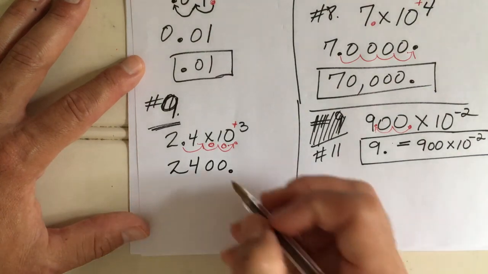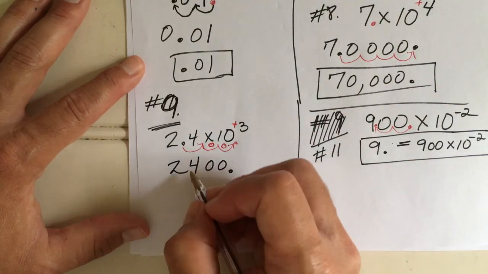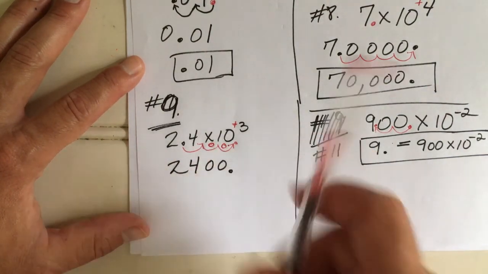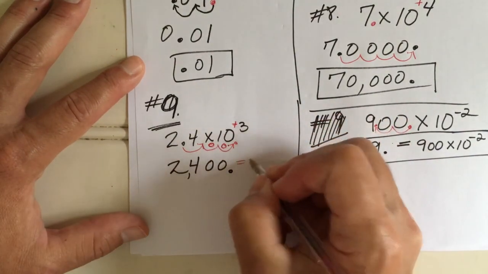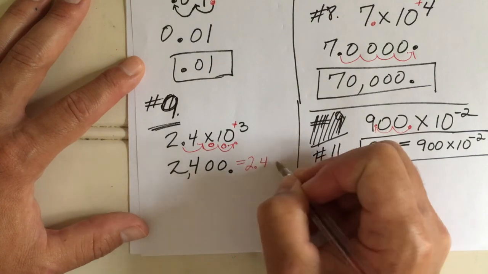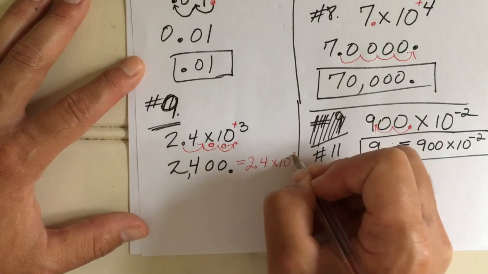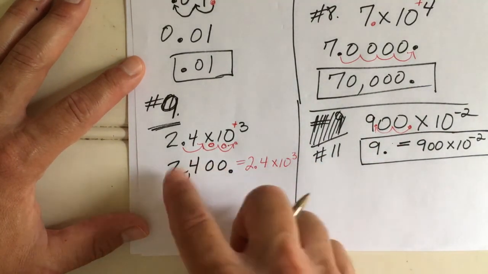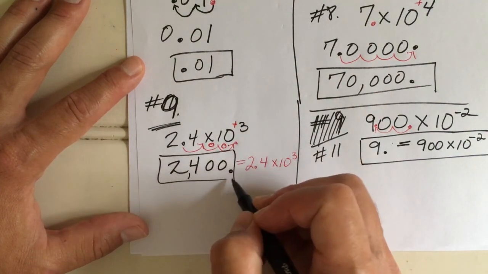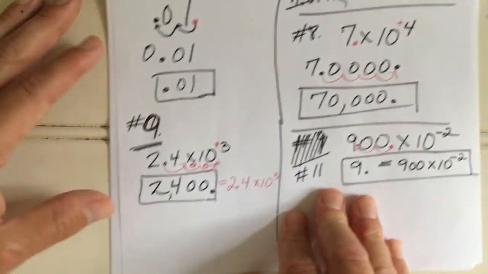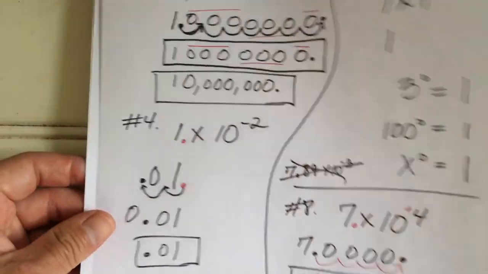And so what we're saying is 2400, and if you want to write your comma in, you can. Just put it right there. Is the same as 2.4 times 10 to the third. Those are equal. All right, good. So here's our answer right there. And good. Let's go ahead and go to number 17.